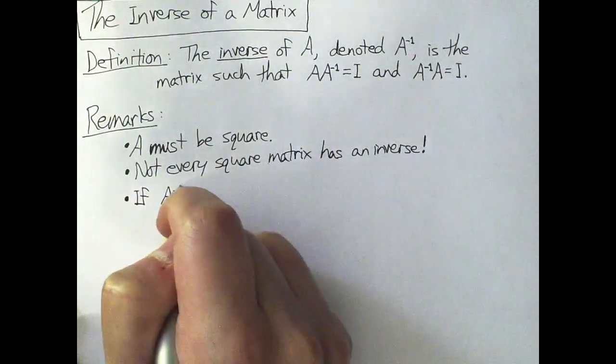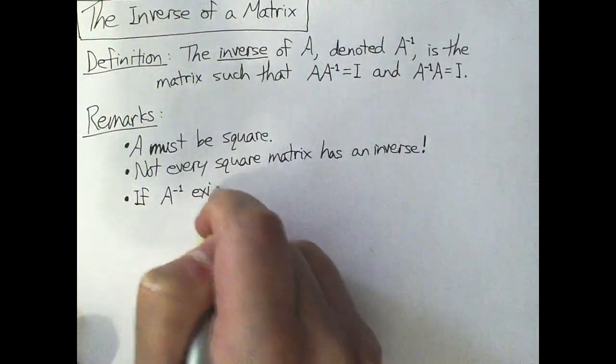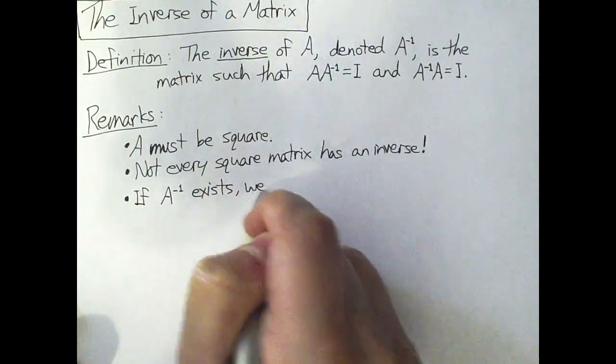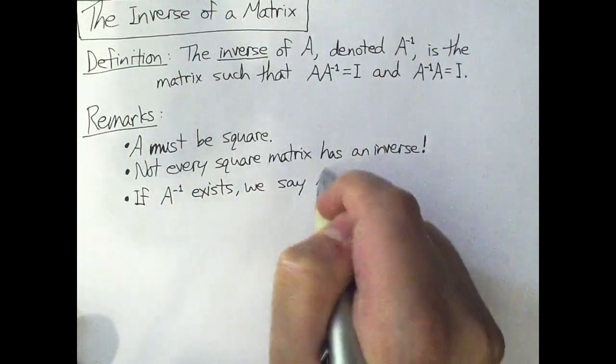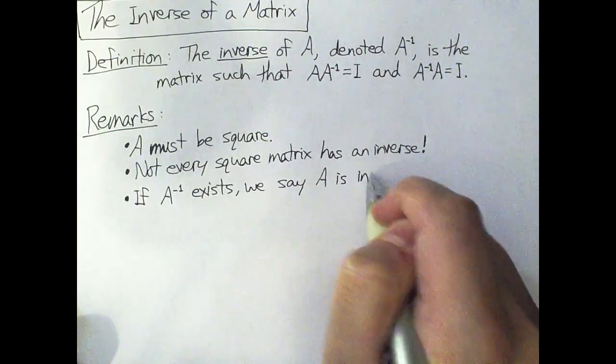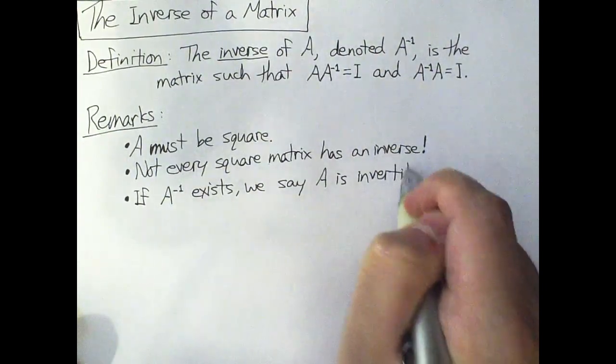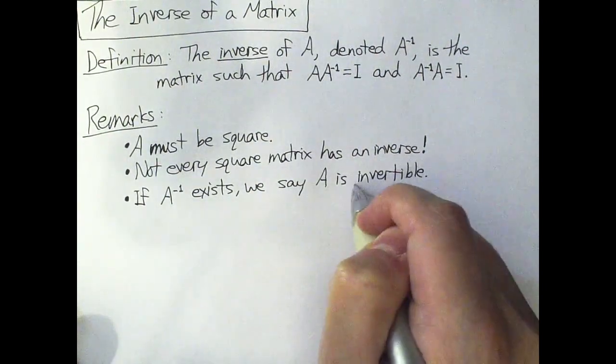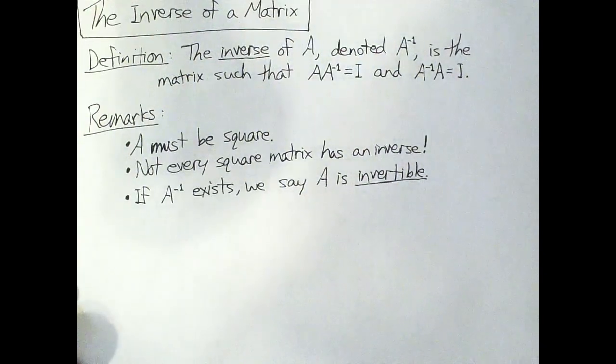If A inverse exists, we say A is invertible. I think I just used that word. So let's actually make this a term. Invertible.